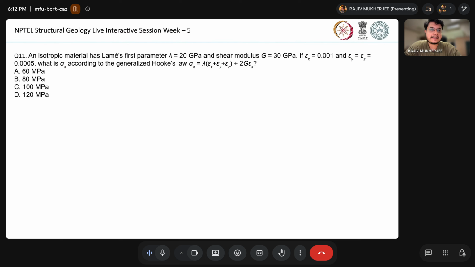If the x direction strain is 0.01% and the y and z direction strains are equal and both are 0.05%, then what is sigma x according to the generalized Hooke's law given in the form sigma x equals lambda times (epsilon x plus epsilon y plus epsilon z) plus 2 times G times epsilon x, right? And the options are 60, 80, 100 and 120 MPa, right?